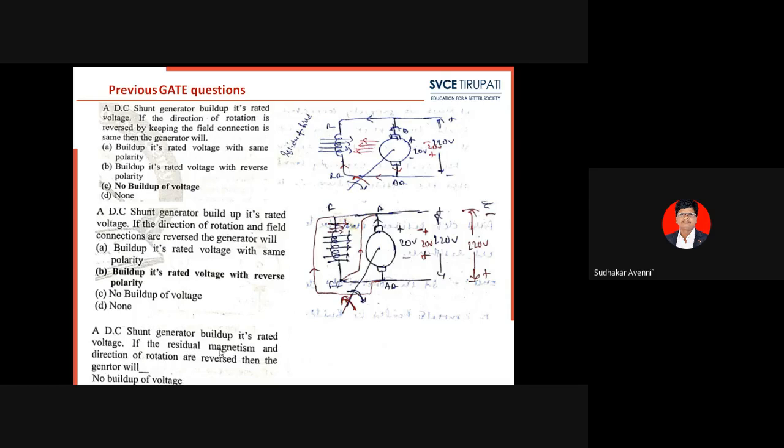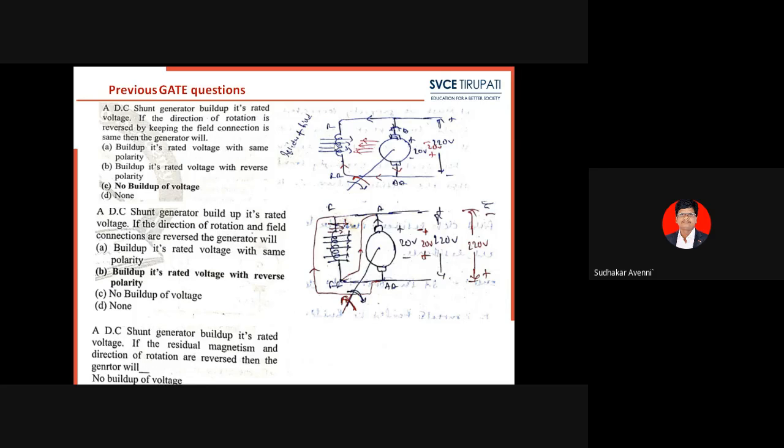If the residual magnetism direction is reversed and the rotor rotation is also reversed, the voltage builds up in the reverse direction. But the field polarities are not changed, so whatever voltage builds up across the armature terminals is in the reverse direction with respect to the shunt field terminals.